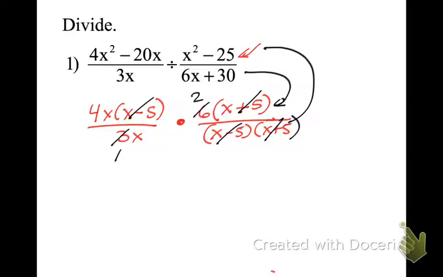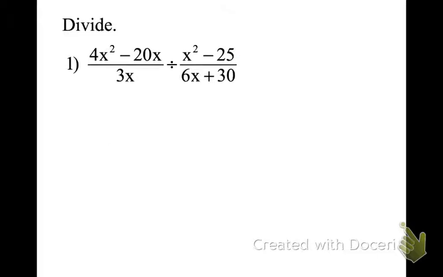Both the x's in the first row. I can take an x out here and an x out here. So we're left with in the numerator 4 times 2, which multiplies to 8, and we're left with 1 in the denominator. So our solution is 8. Questions? Okay, let's go on to the next one.